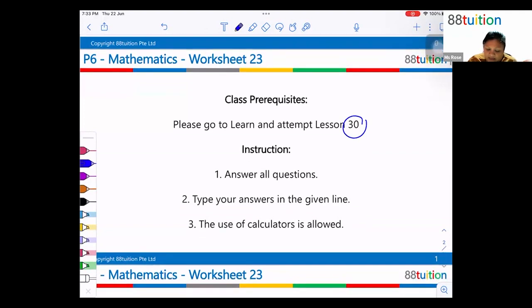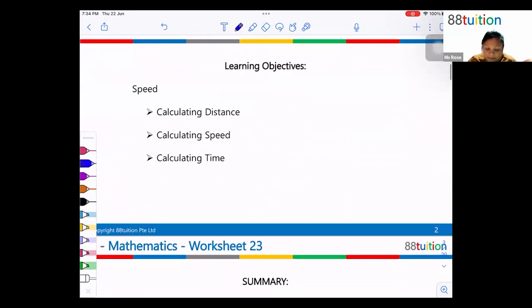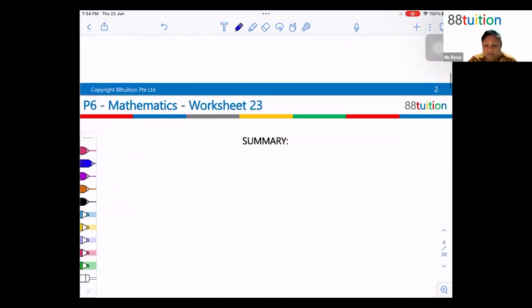So lesson 30 will have your speed questions. Now, just a quick recap on speed. You will have speed, distance, and time.